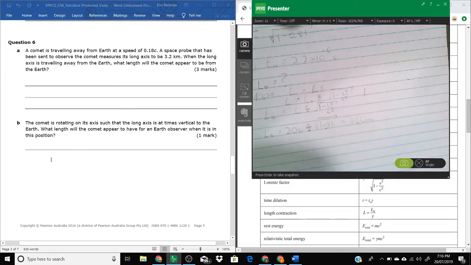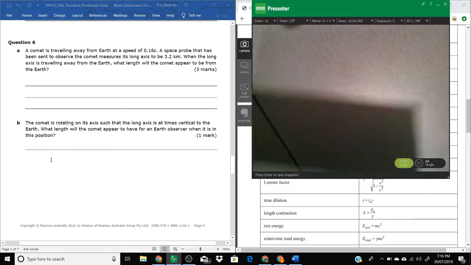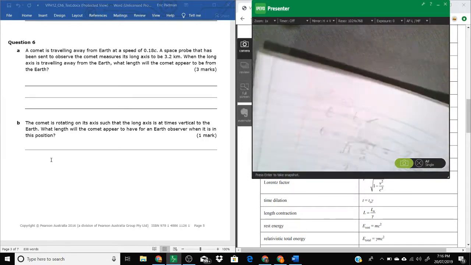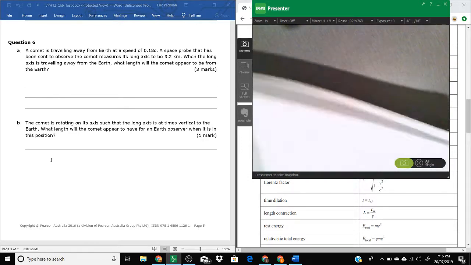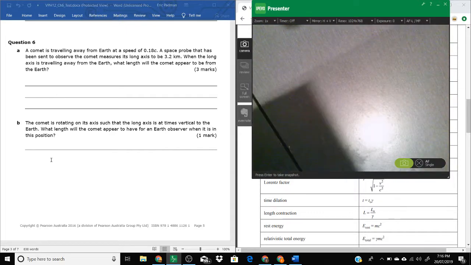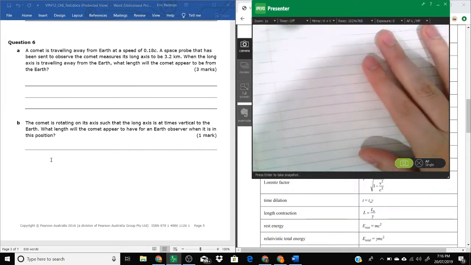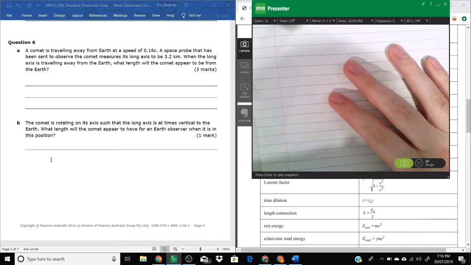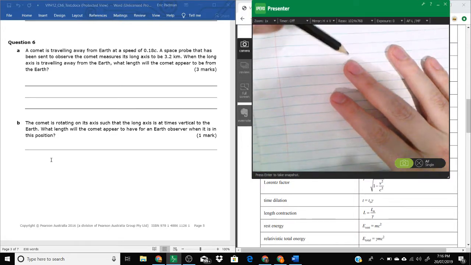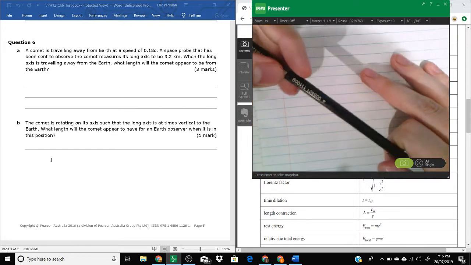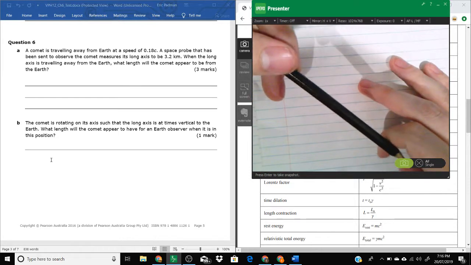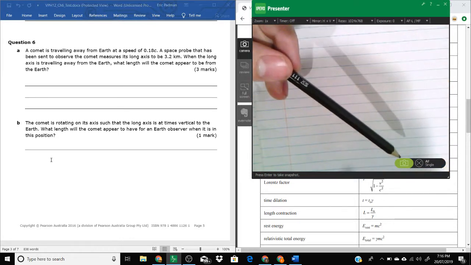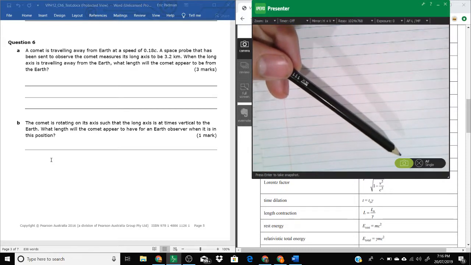Question 6. A comet is traveling far away from the Earth at the speed of 0.18 of the speed of light. A space probe that has been sent to observe the comet measures a long axis to be 32 kilometers. When the long axis is traveling away from the Earth, what length does the comet appear from the Earth?